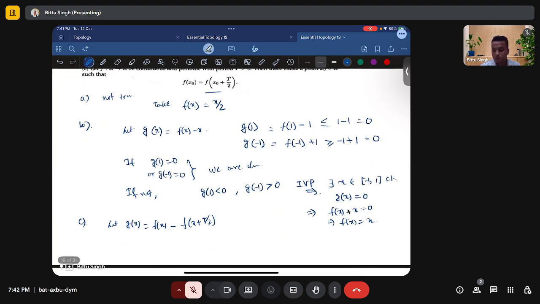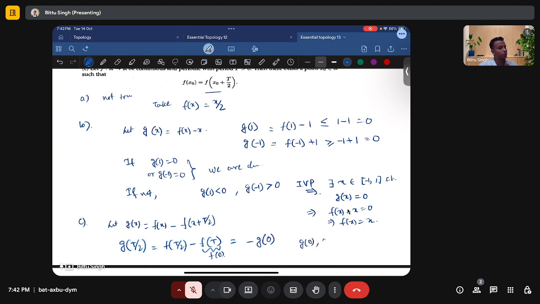We note that g(t by 2) is the same as f(t by 2) minus f(t by 2 plus t by 2, which is t). By periodicity, this is the same as f(0), right? So this is f(t by 2) minus f(0), which is actually minus g(0), right?